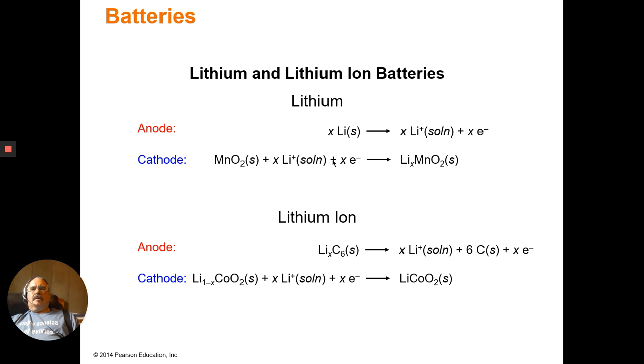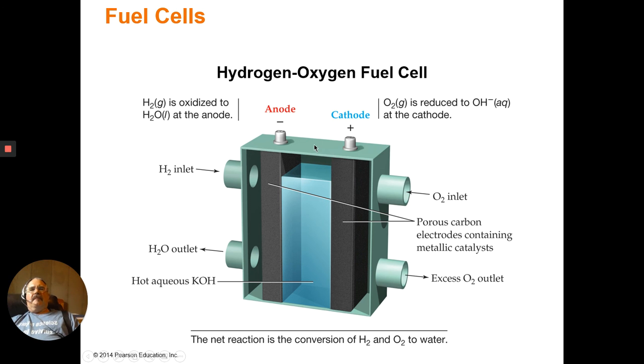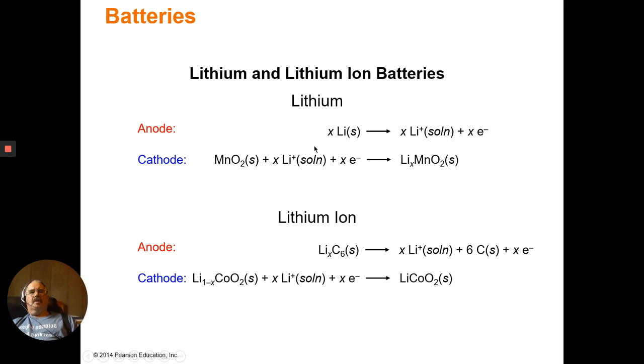Heart pacemakers, when they were first invented, would fail after 2 to 3 years. And the failure mechanism was always the battery. And when this lithium battery was developed and used in heart pacemakers, the lifetime was increased to 10 years or more.